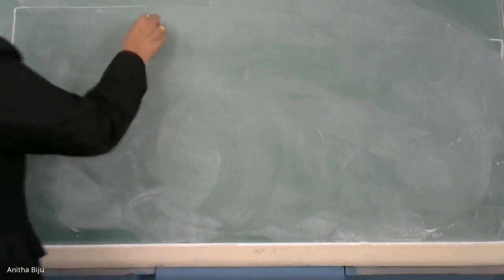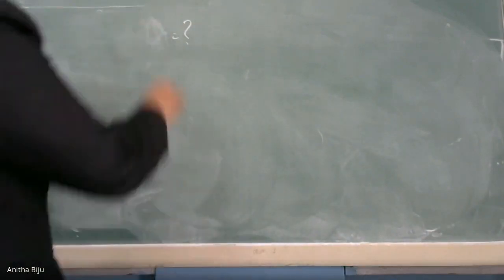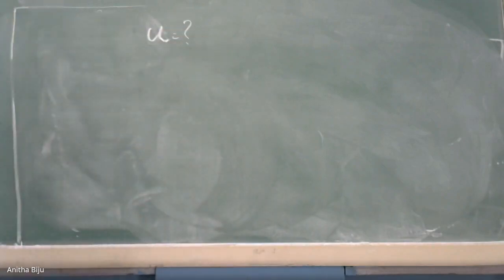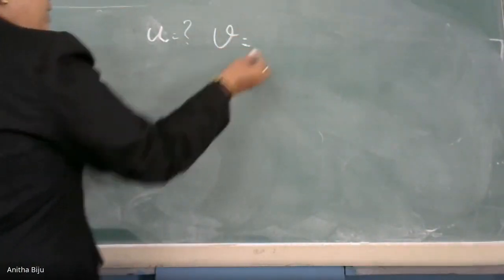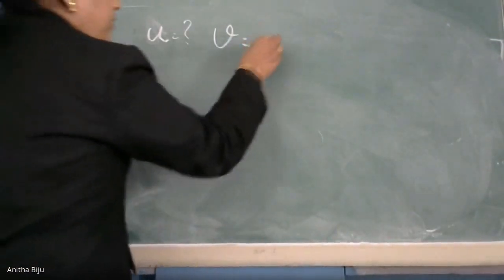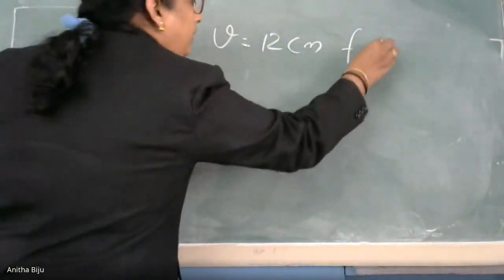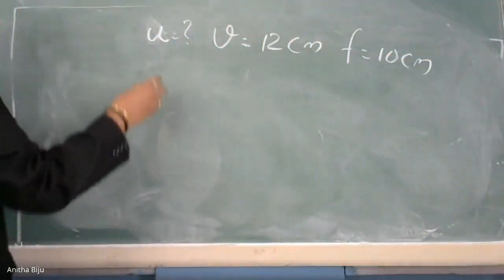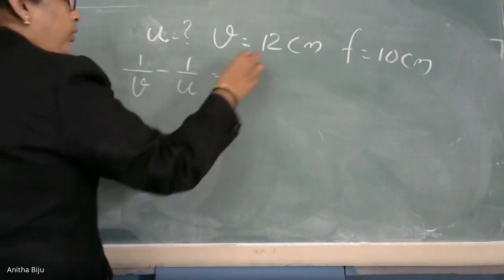We have to calculate u, where we have to keep the object so that we get a real image on the wall. U is unknown. V, what is V? The distance between the lens and the wall was how much? 12 centimeter. And the focal length is given as 10 centimeter. We have to apply the formula. What is the formula? 1/v minus 1/u equal to 1/f, which is 1/10.